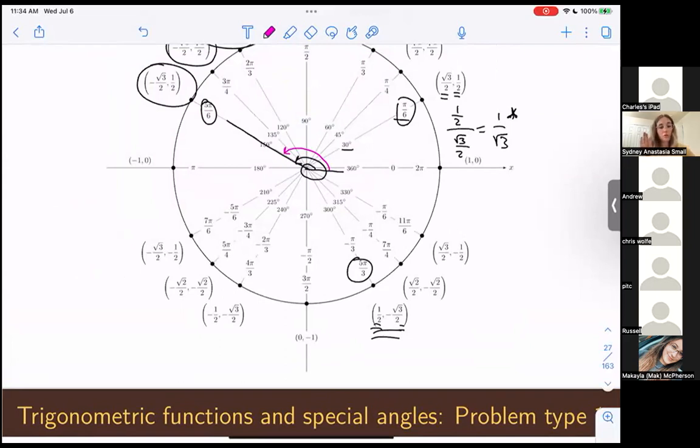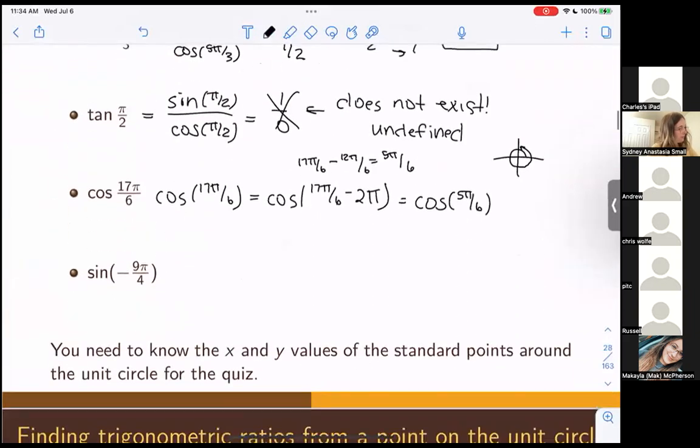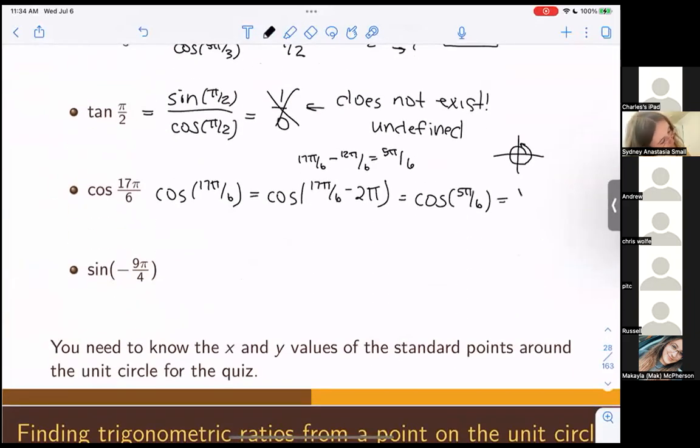As such, their cosine will be exactly the same because they have the exact same x and y coordinate wherever they land. So just by that information, the cosine of 17 pi over 6 is the cosine of 5 pi over 6, which is the x coordinate, which is negative root 3 over 2.